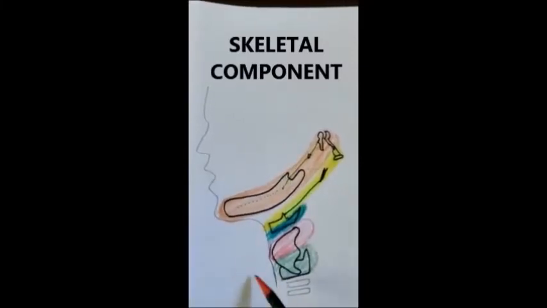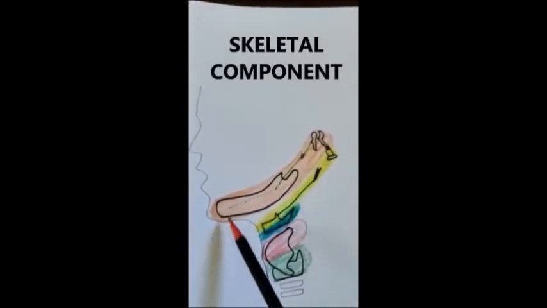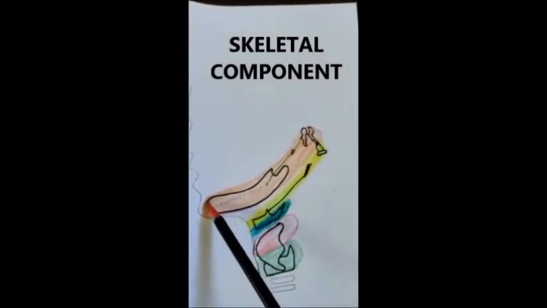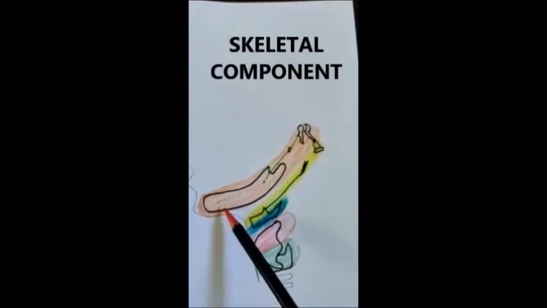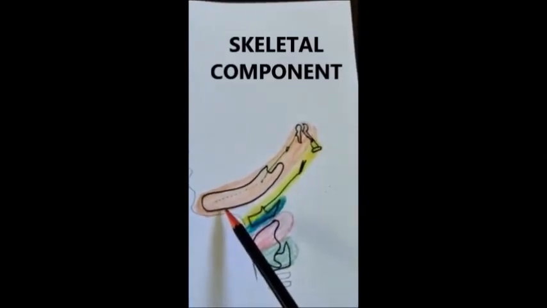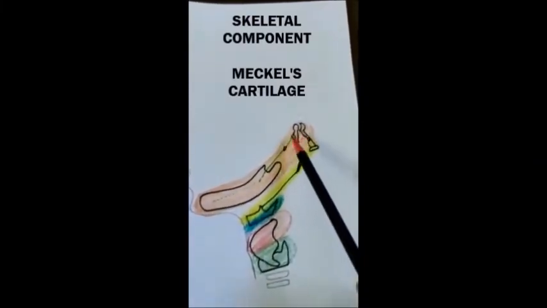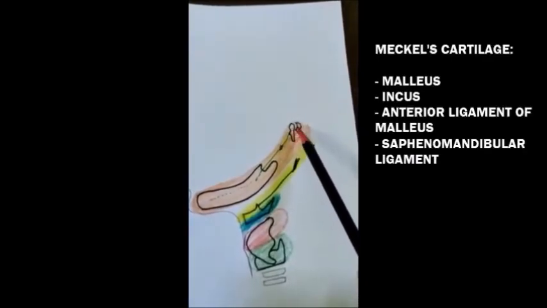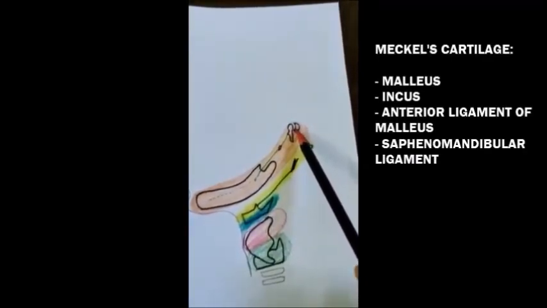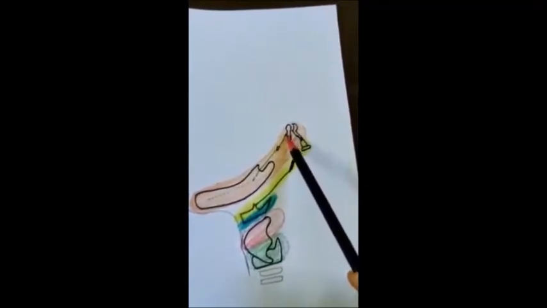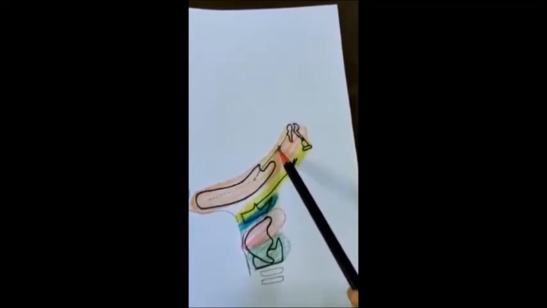This diagram is actually showing the development of the skeletal component. So this particular area is showing the skeletal component of the first arch, which is in the form of cartilage, and it is called Meckel's cartilage. This Meckel's cartilage develops into the malleus and incus at the dorsal end, and then it is represented by the anterior ligament of malleus, which is attaching to the handle of the malleus, and from here to the spine of sphenoid.